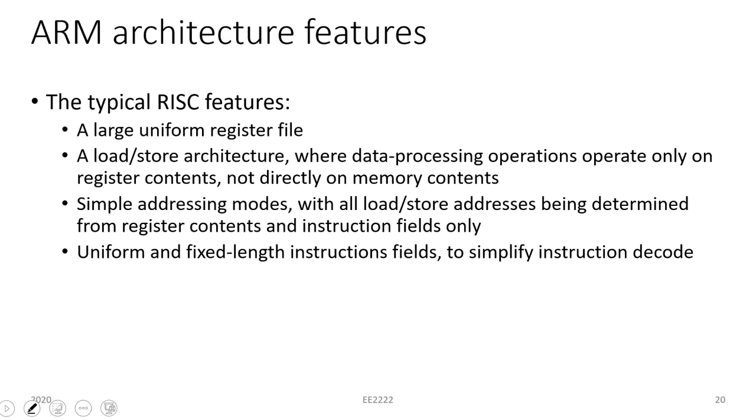One of the main factors that results in ARM being more power efficient, lower cost, and more compact is that it is a RISC processor, and it takes on all the features of RISC processors, things that we have discussed previously in this module.